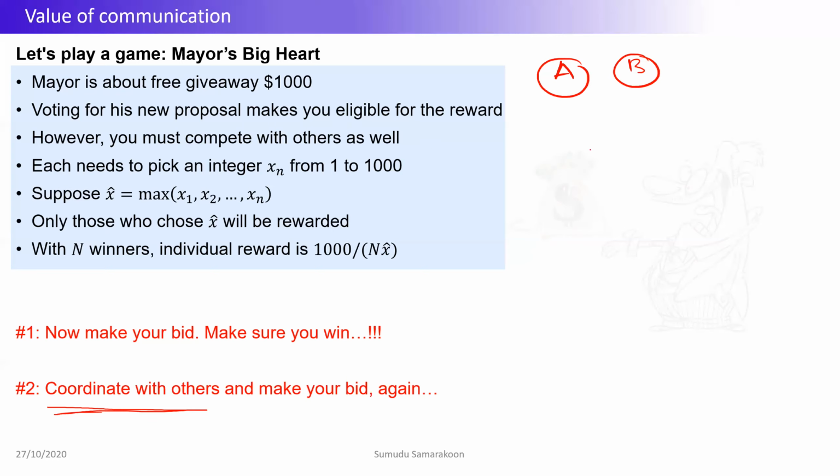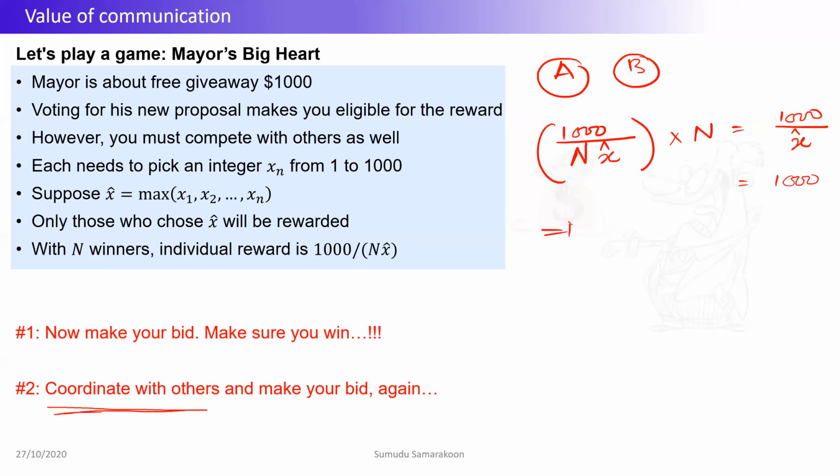So you have this 1,000 of reward and you have n players facing the maximum bid, and because this is per one person, if you multiply with all n, you're going to end up with the total amount that the mayor has to pay for all the agents. If you want to take all the money from the mayor, this quantity should be equal to 1,000.